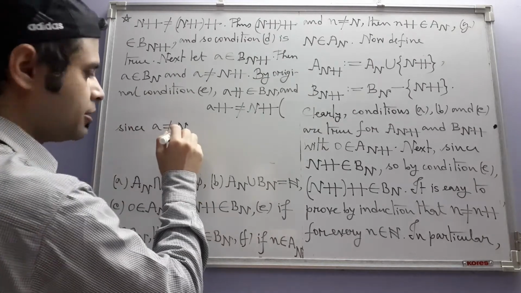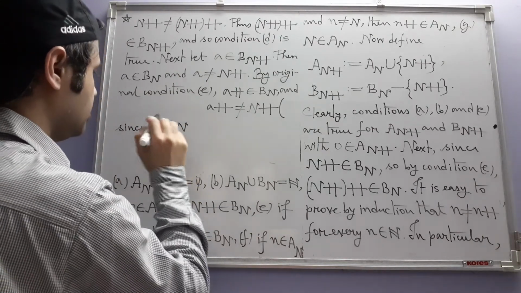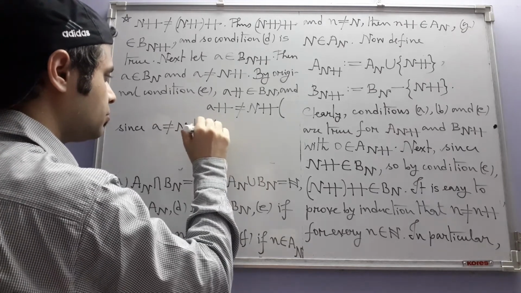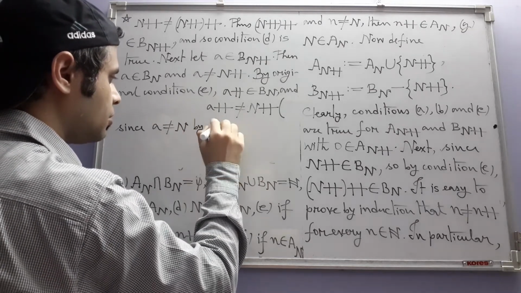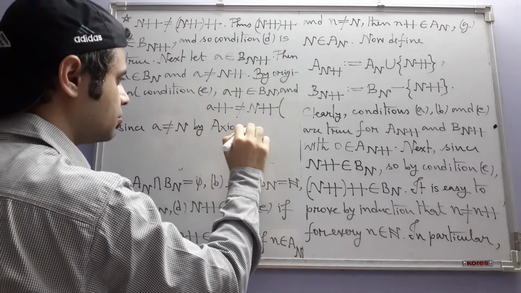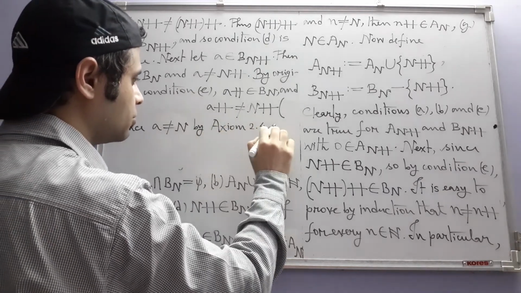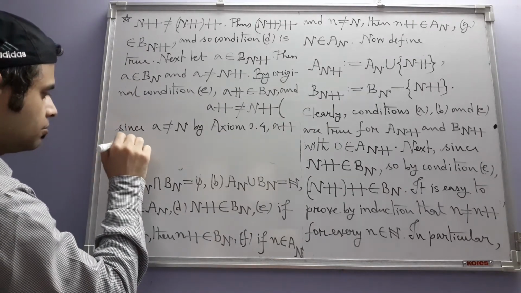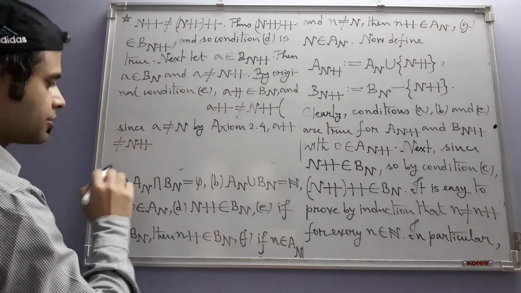Okay, we will mention axiom 2.4 here. By axiom 2.4, a plus plus is not equal to n plus plus.